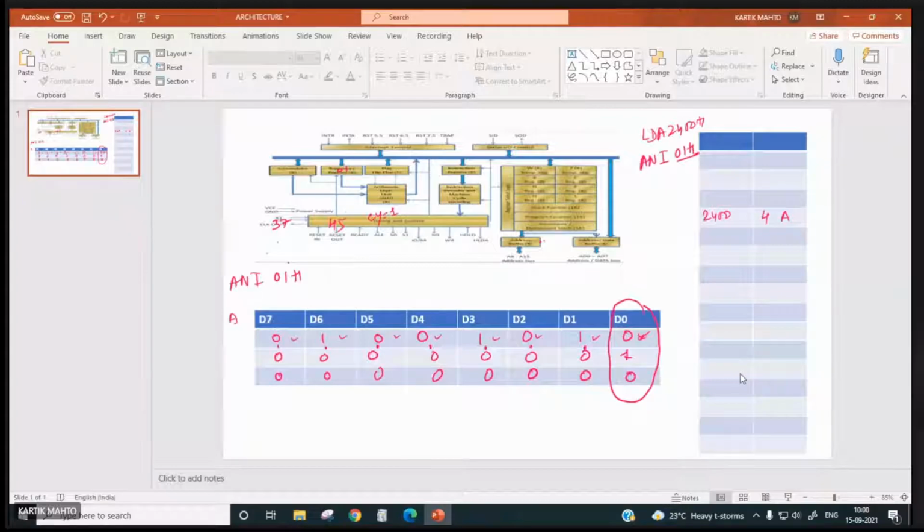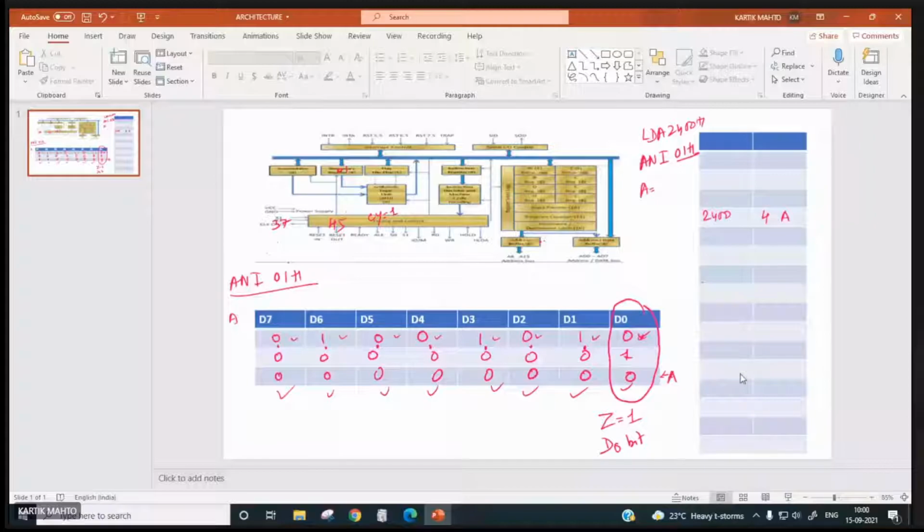Now ANI 01H means the accumulator will be 0, 0, 0, 0, 0, 0, 0, 0. So in this case, zero flag will be set, and we will conclude D0 bit is 0.